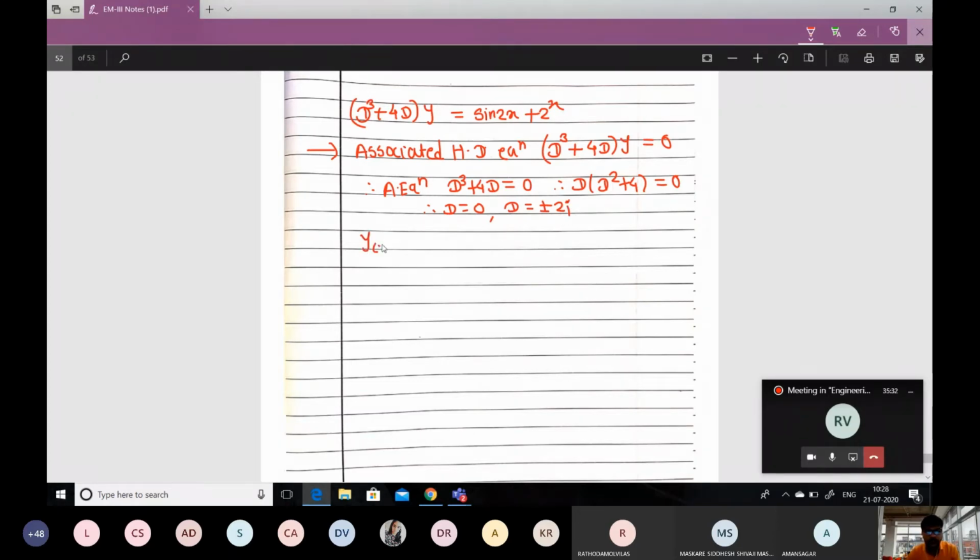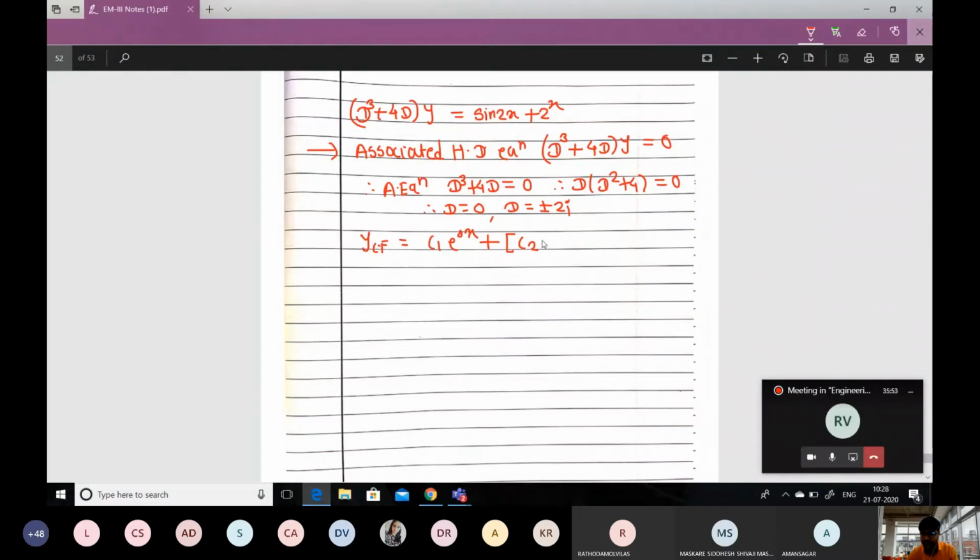So therefore y_CF, corresponding to the real root, we have to write C1 e to the power 0x. Okay, and corresponding to complex roots, it is a mixture of two cases. Corresponding to complex roots 2i, minus 2i, we have e to the power alpha x, so e to the power 0x in bracket C2 cos beta x. I'm just using C1, C2.